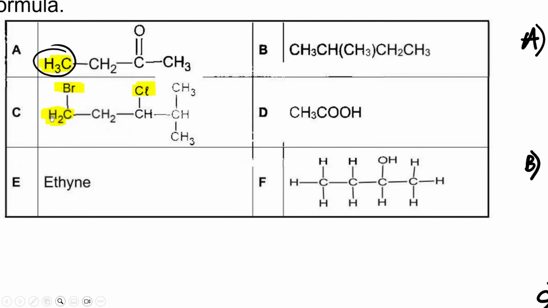So this is two hydrogens, plus another two hydrogens here on this carbon number 2. Do you see the other two hydrogens on carbon number 2? So this is 2 plus 2. And then there's one hydrogen here on carbon number 3, the carbon that has got a chlorine.